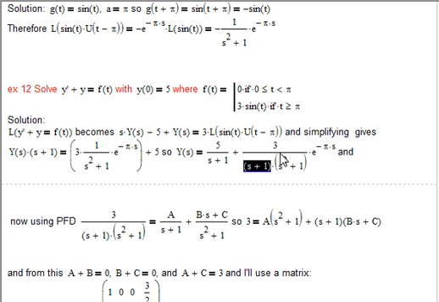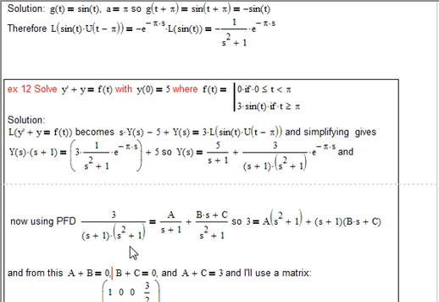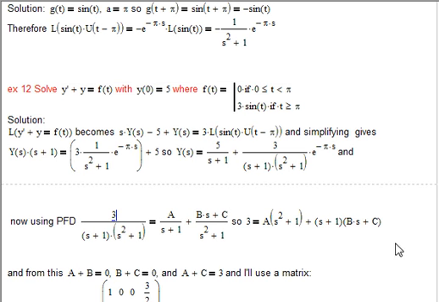So, to work out partial fractions on this part requires A over s plus 1 and Bs plus C over s squared plus 1, this being an irreducible quadratic factor. So, multiplying both sides by the common denominator is probably the easiest way to do this one. 3 therefore equals A times s squared plus 1 plus s plus 1 times Bs plus C. Well, that means As squared plus Bs squared equals 0, because there's no s squared term on the other side.